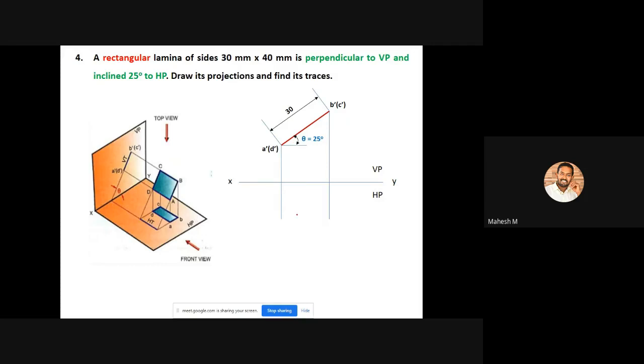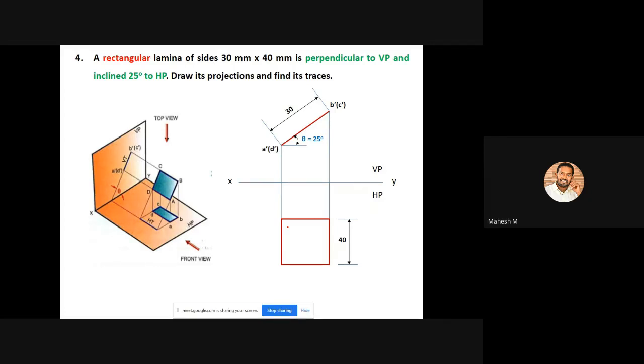So you can connect these two corners with a horizontal line, so it will be a reduced horizontal line, and also create another two vertical lines with the length of 40 mm. Connect these two corners with the horizontal line. So this is our reduced top view, and also with that you have to mark the notations.